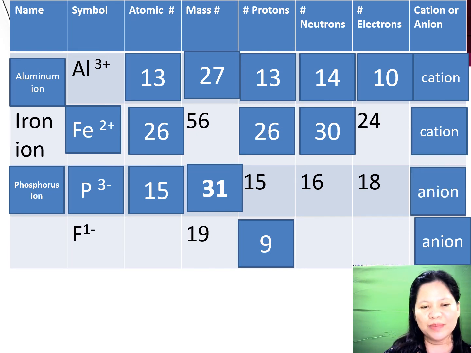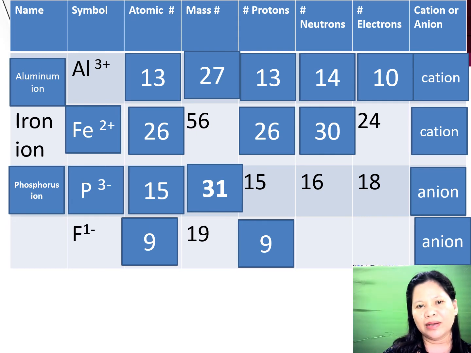Okay, last example. You have fluorine, negative 1. Ion of negative 1. So the protons is 9. So therefore, the atomic number is also 9. So what about the neutrons? By simply subtracting 19 minus protons, it is equal to 10.